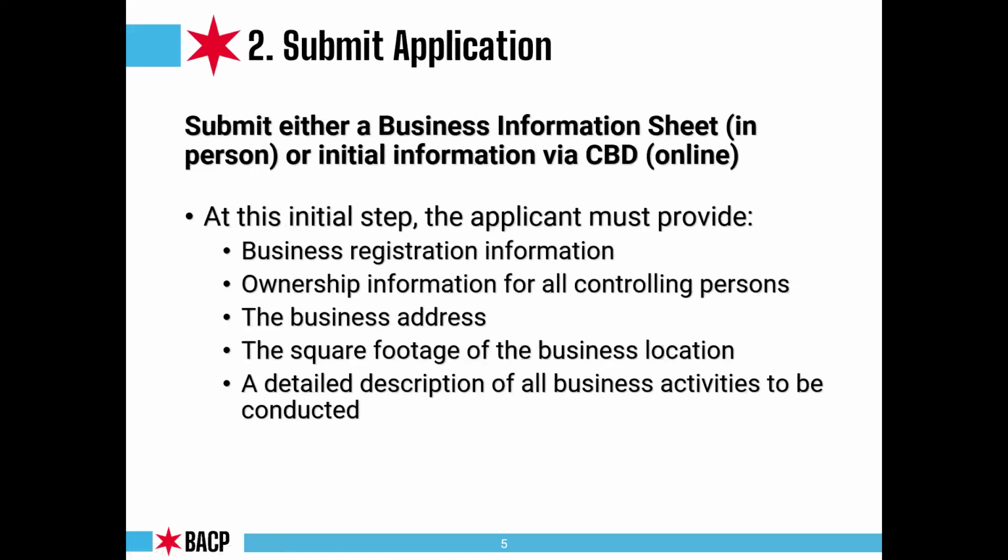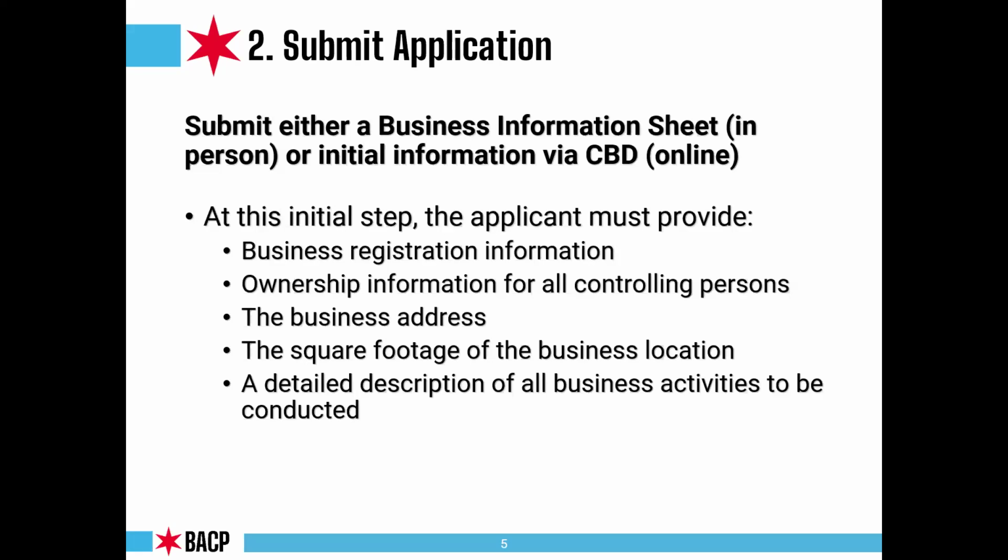So once your documents are in order, then it's time to submit your application. If you're submitting the application in person, what we'll have you fill out is a BIS form, or business information sheet. This form can actually be pulled up online prior to your visit. So just note that this paper-based application is available online at chicago.gov/business licensing, so that you can get an idea of some of the information that we're going to require, but at the same time, so that when you come to the center, you already have a filled out application.